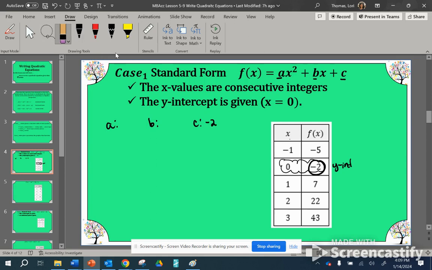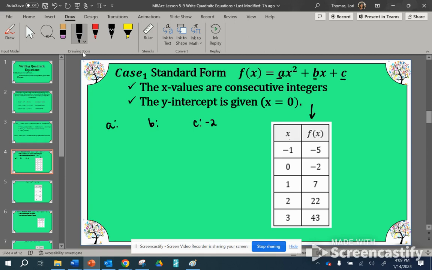Now let me show you how you find the A value. To find the A value, we're going to want x values that are consecutive. So when our x values are consecutive, we can just focus on our output values.